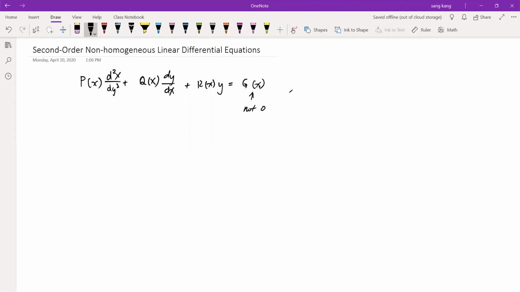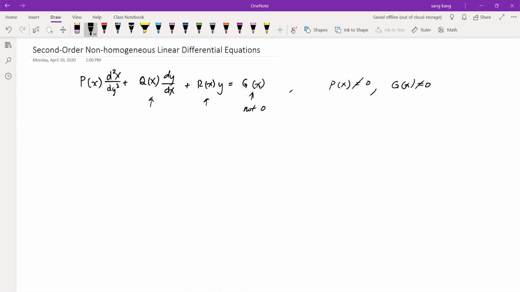And p as a function of x cannot be 0, right? So you can still have q, well, p as a function of x and g as a function of x cannot be equal to 0. But these two middle terms can still be 0, okay?